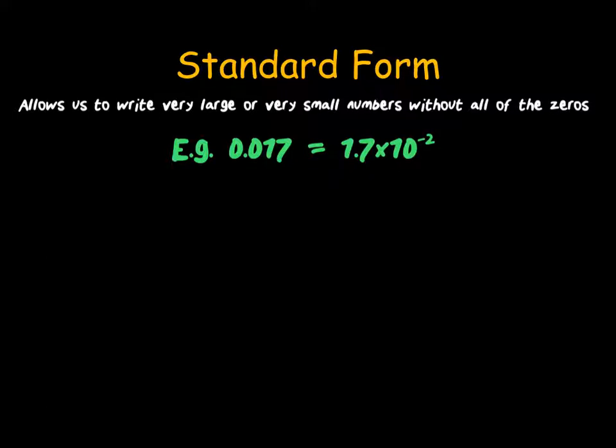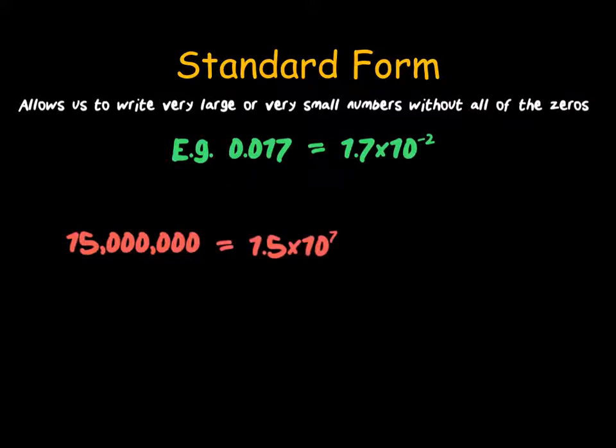If, for example, we were to take a much larger number, for example, 15 million, in this number, the decimal point is here. So we're going to move to the left. 1, 2, 3, 4, 5, 6, 7. So in standard form, 15 million will be written as 1.5 times 10 to the 7.